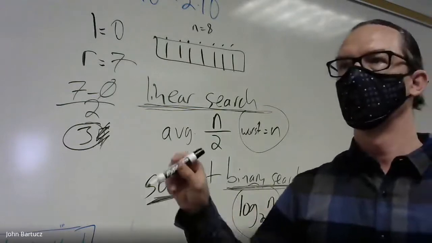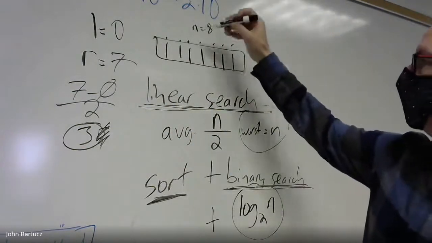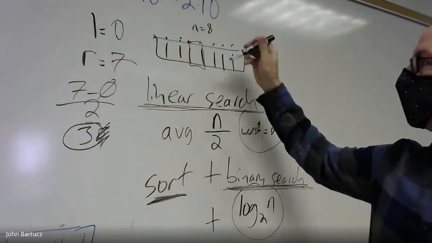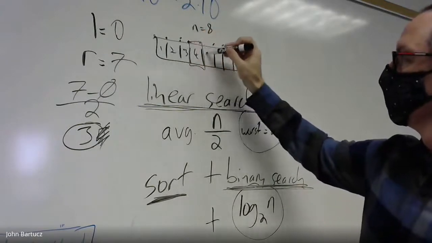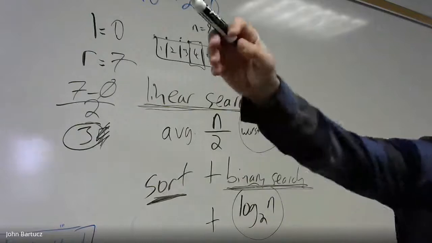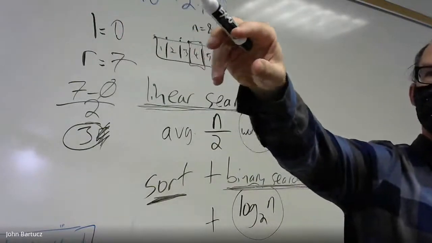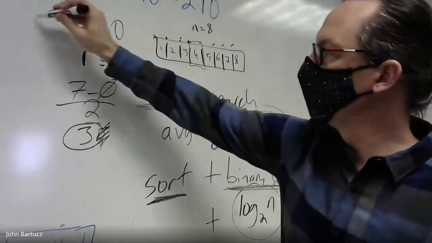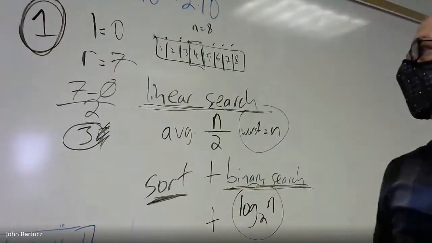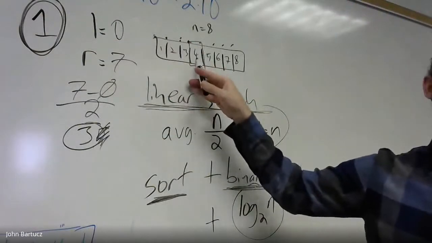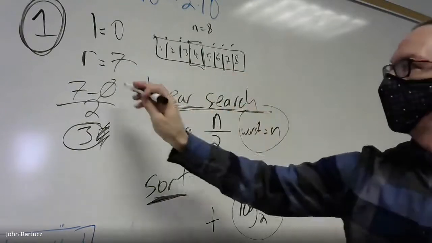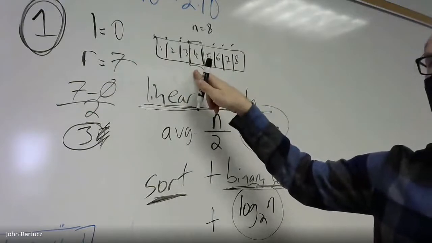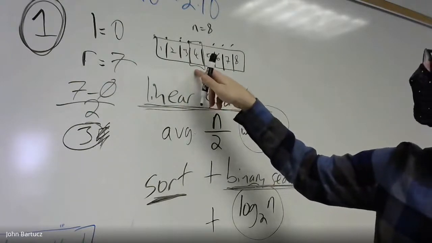So 0, 1, 2, 3. It's going to be this one. And say we're looking for the number 1, right? So it says if the target value is less than the value at the middle, so we're looking for the number 1 as our target, it is less than 4. So we set right equal to the middle value minus 1.